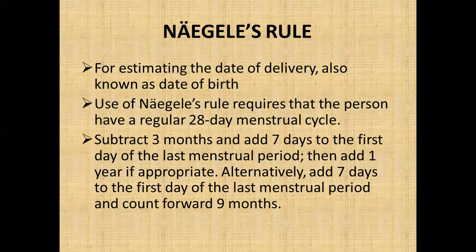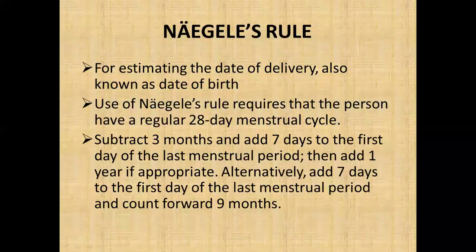What we need to understand is that when it comes to determining the estimated date of delivery or the date of birth, we use a rule, a formula, and this formula is widely accepted. The formula is Naegele's rule, however you want to pronounce the name. I'm sure this is the name of the person who first discovered or first used it.